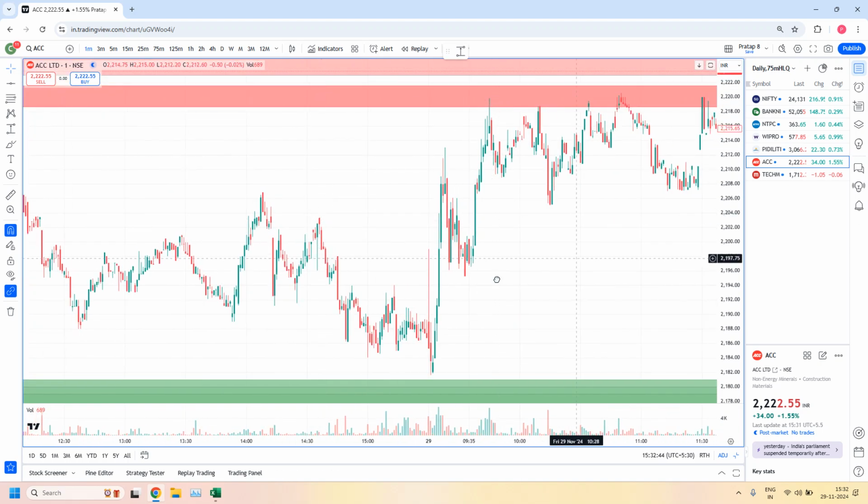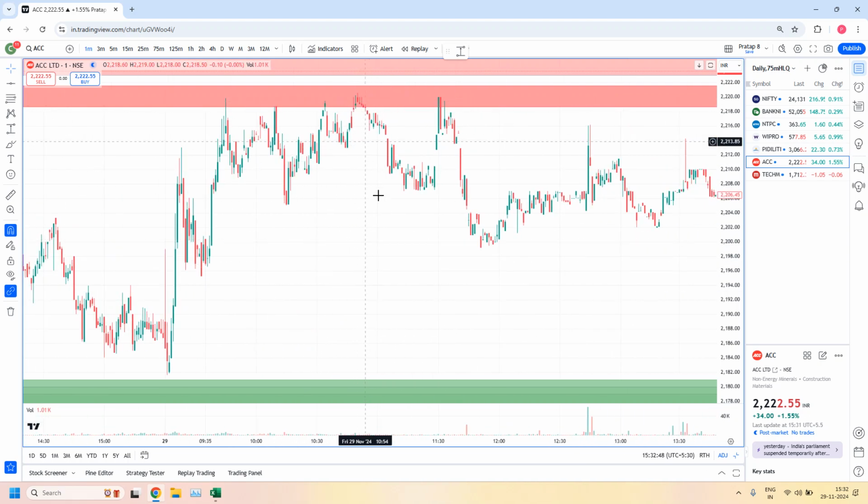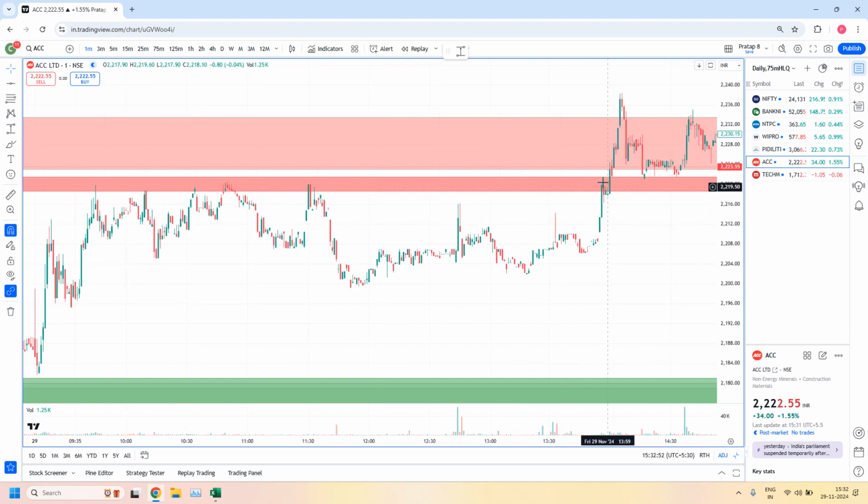See, this is the first test, this is the second test, this is the third test, this is the fourth test, this is the fifth test, and the sixth test. Now this 1 minute zone is violated. But do you wait? Do you have the patience to wait until this point? What is the guarantee that at this level it will be violated?